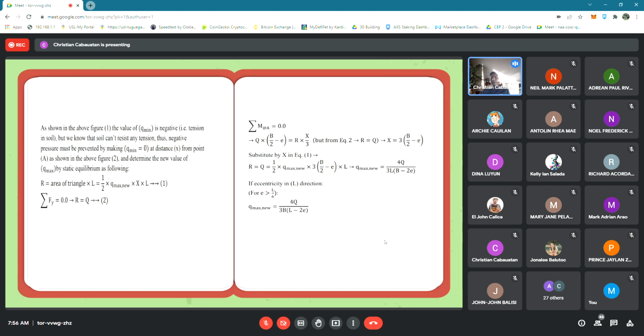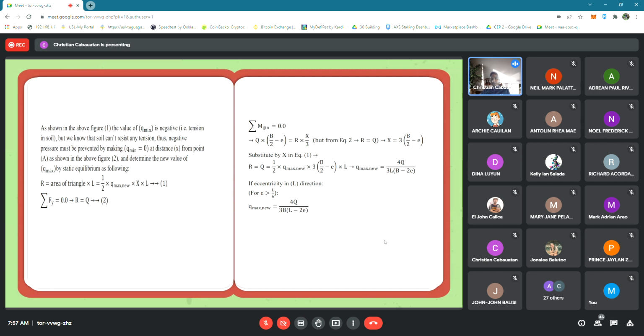But for equation 2, the reaction is equal to Q, wherein the x distance is equal to 3 times B over 2 minus the eccentricity.